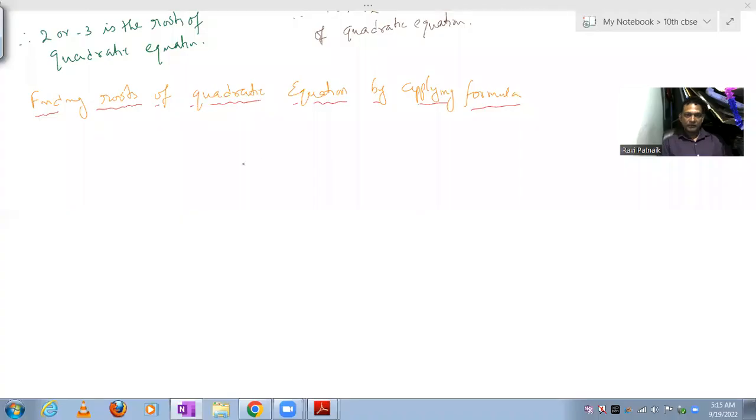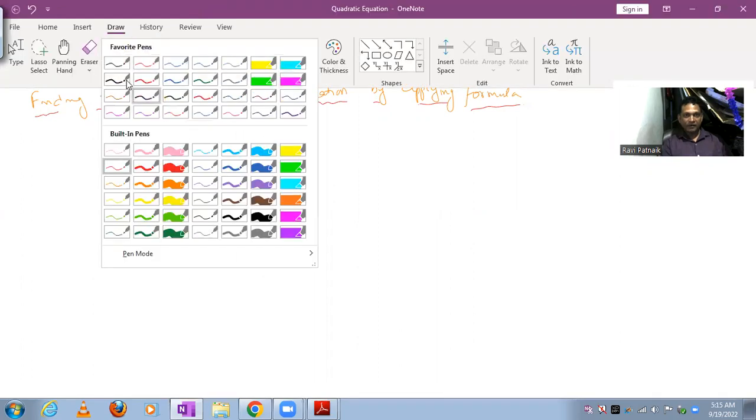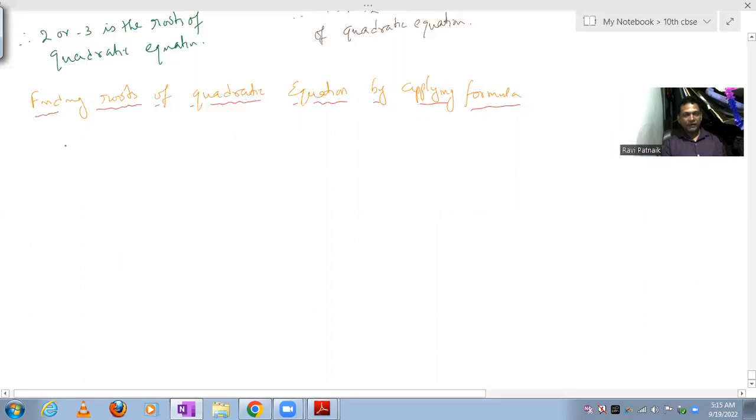But I told about finding the roots of the quadratic equation by the factorization method. Now just observe finding the roots of the quadratic equation by applying the formula. Let's go through. So first, I told the quadratic equation is x squared plus x minus 6 equals 0.